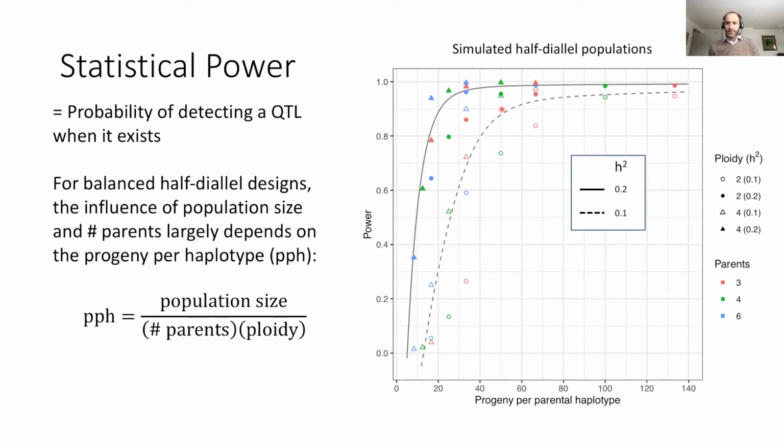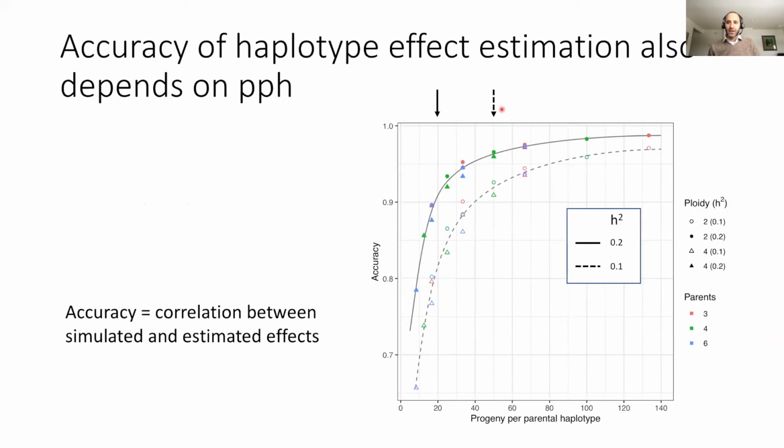So that can help guide your thinking about how to design QTL mapping experiments for these types of multi-parent populations. Besides detecting the QTL, we'd like to be able to estimate the effects of the haplotypes accurately.